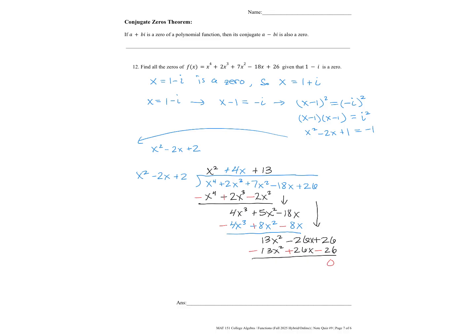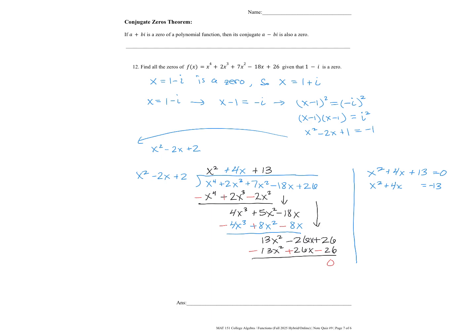So now, off to the side, I have to figure out the zeros of x squared plus 4x plus 13. And I can complete the square again. So we've got x squared plus 4x equals negative 13.